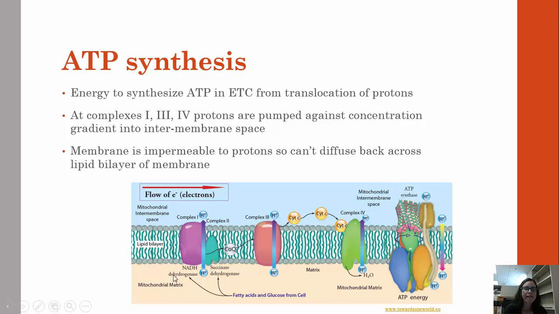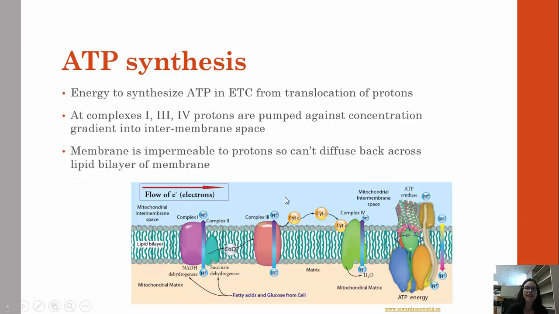Okay, so we have these electron-accepting complexes that are making the electrons flow, and this is a downhill energetic reaction. So as the electrons flow, they provide the energy needed to pump these hydrogens into this intermembrane space between the inner membrane and the outer membrane.